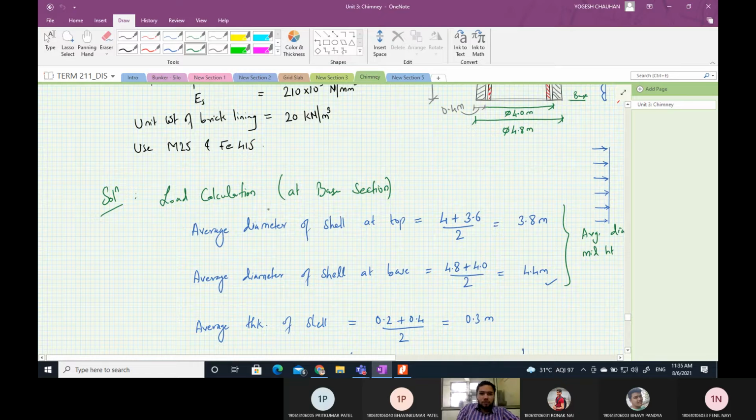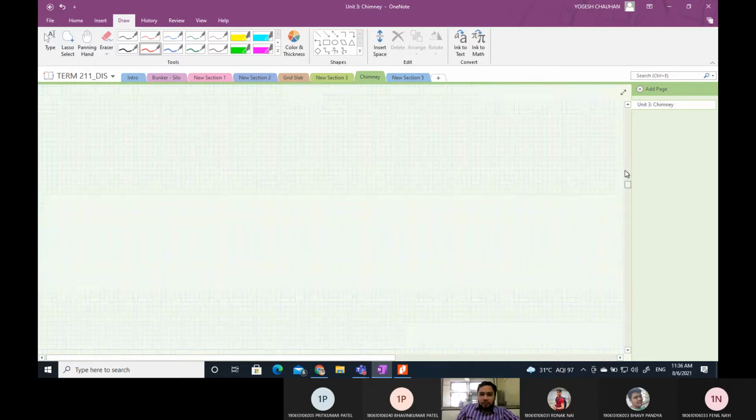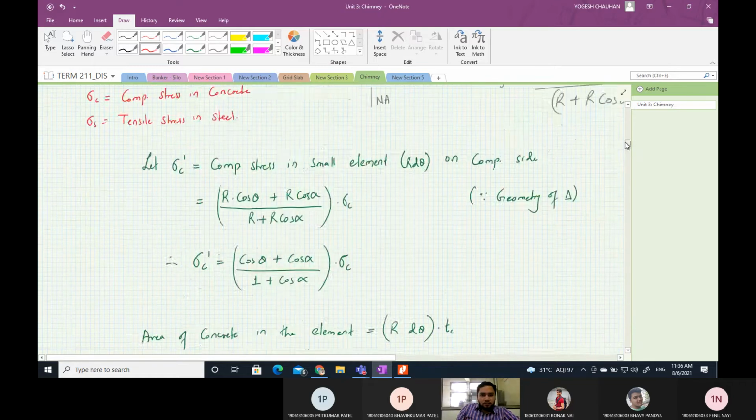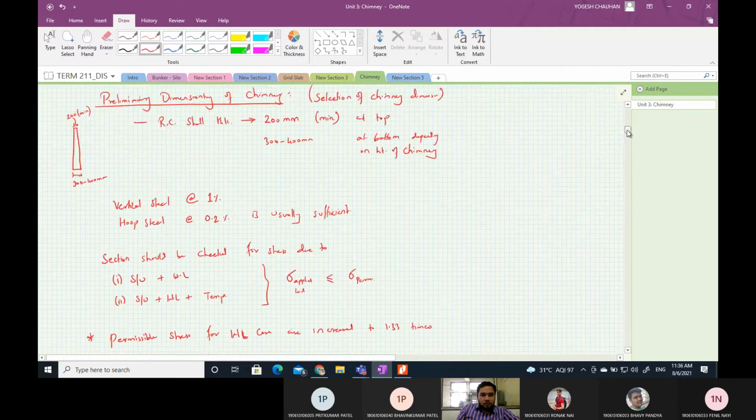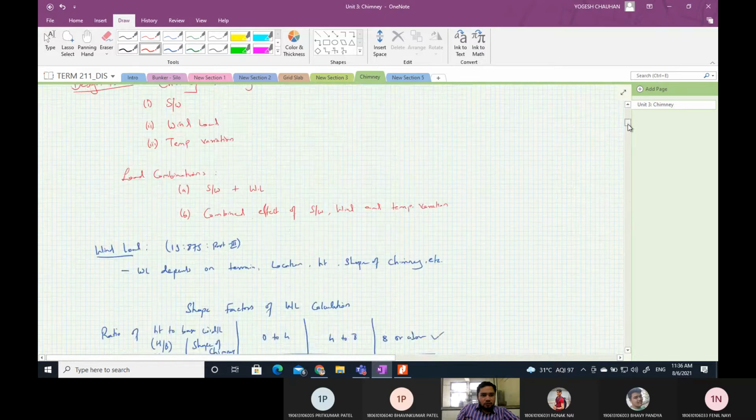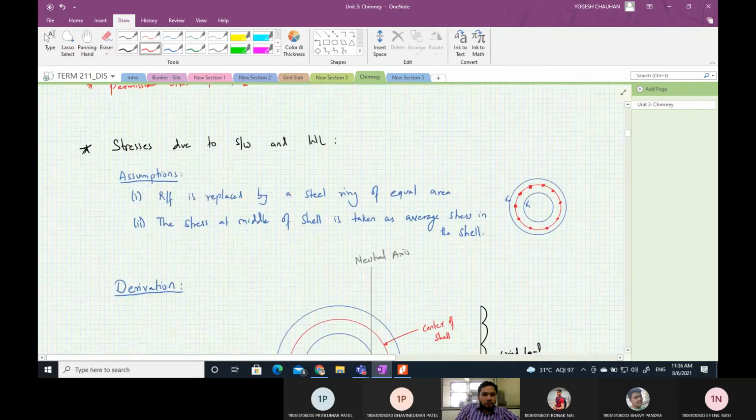The first step is to calculate the load. We calculate the loads at the base section because the maximum stress will be at the base. Again, this is the first case which we discussed in the theory part, that is the stresses due to the self-weight and wind load.